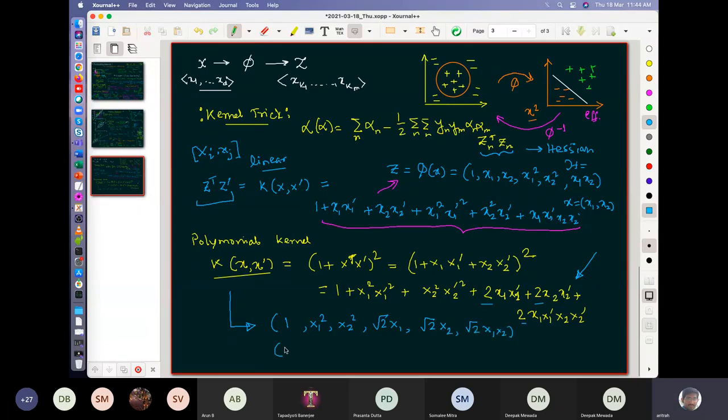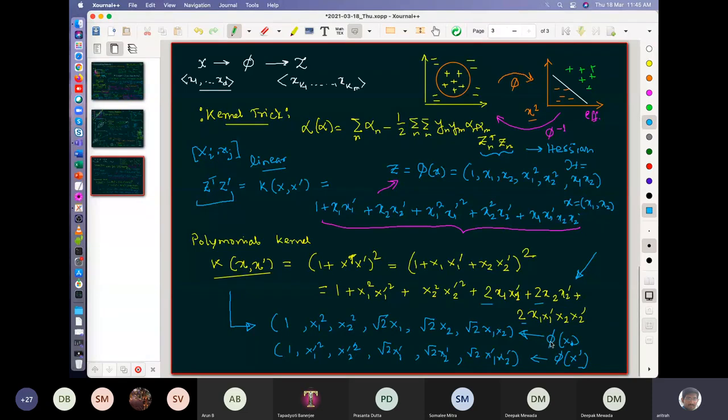So this is one point, and the other point subsequently will be x1 dash square, x2 dash square, root 2 x1 dash, root 2 x2 dash, root 2 x1 dash x2 dash. Which means that this is my phi of x, and this is my phi of x dash, where x equals x1 comma x2.